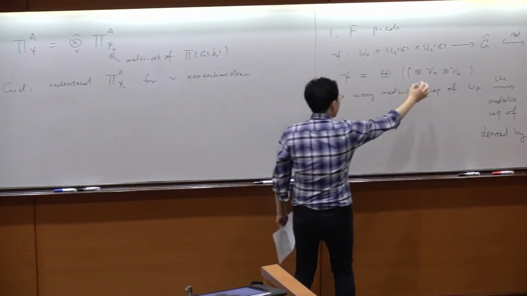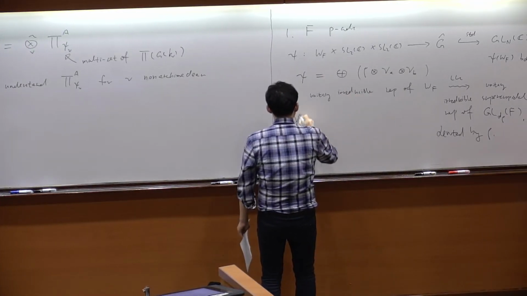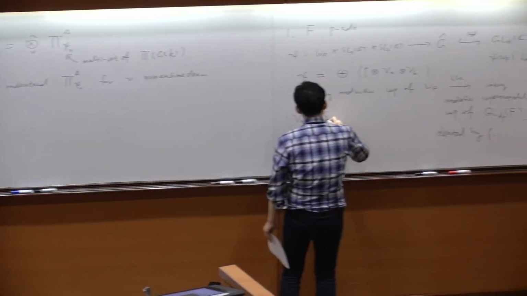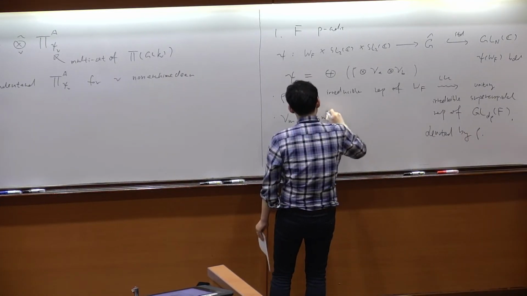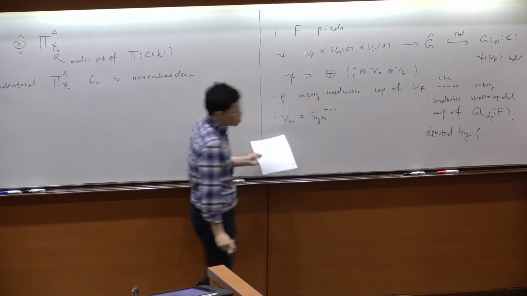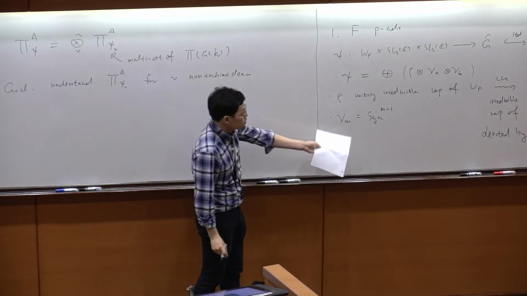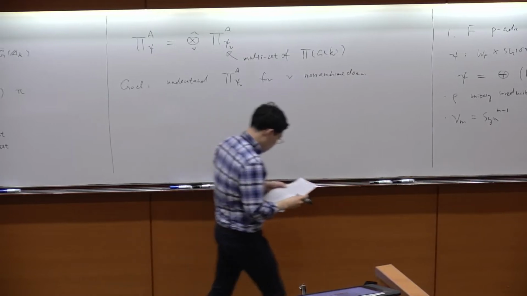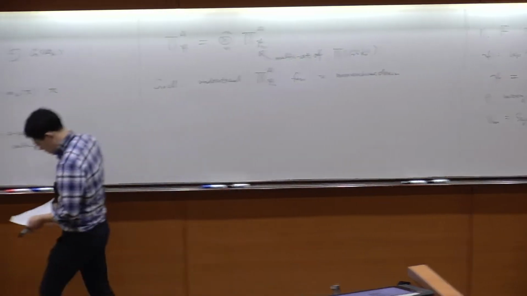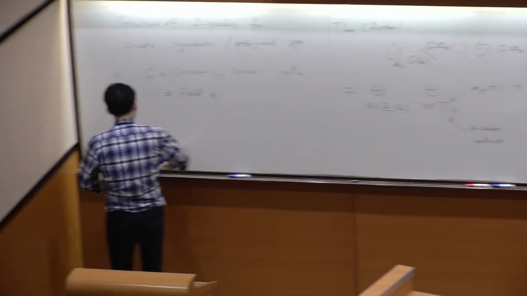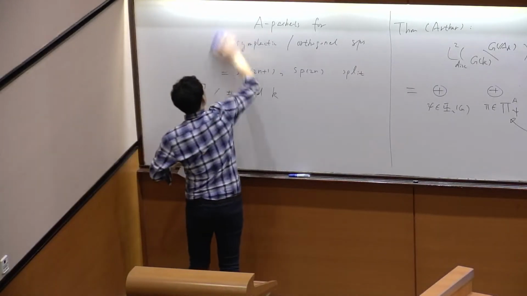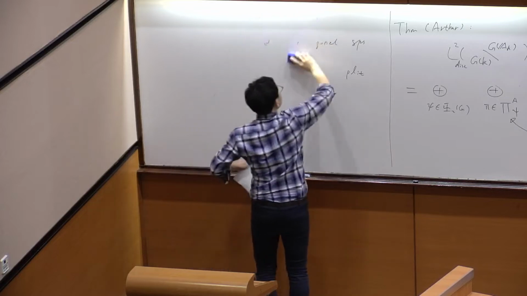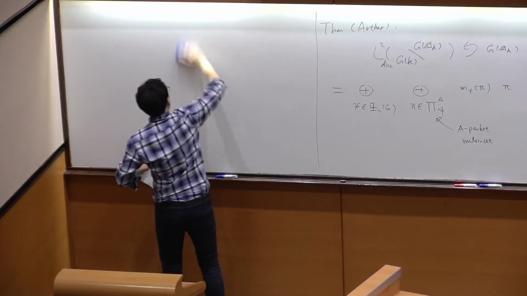And then we have this nu A and nu B. So these A, B are integers, and we write nu M to be the symmetric power representation. In particular, nu M will be the m-dimensional representation of SL2C. All right. So from this parameter, we want to build an A-packet.